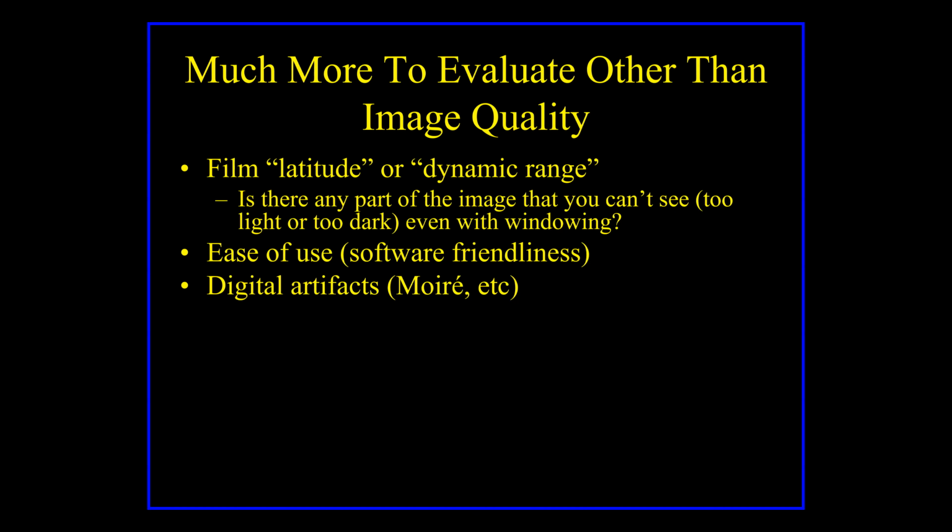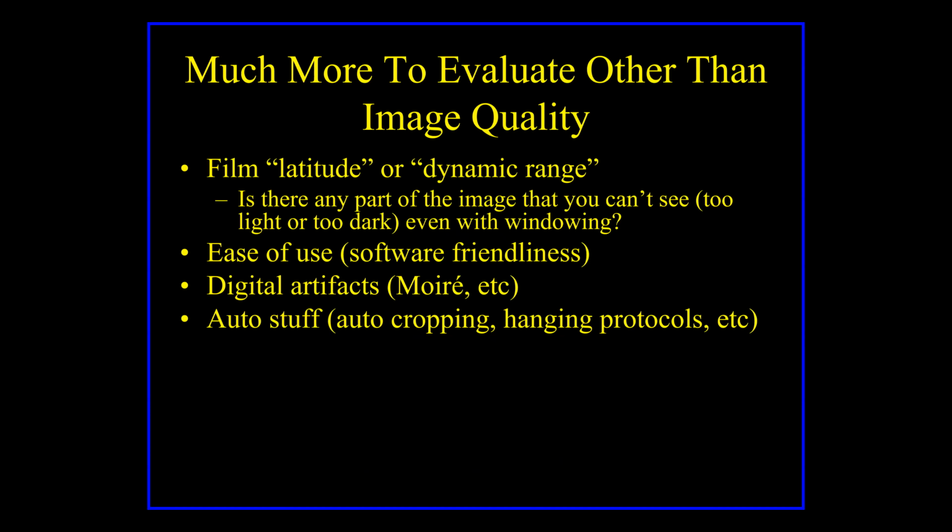There are some new artifacts that we have to worry about with digital that we don't with analog. And some of the things that will separate the cheaper digital X-ray systems from the more expensive ones are really nice things that happen automatically behind the scenes that a lot of times you don't even realize.